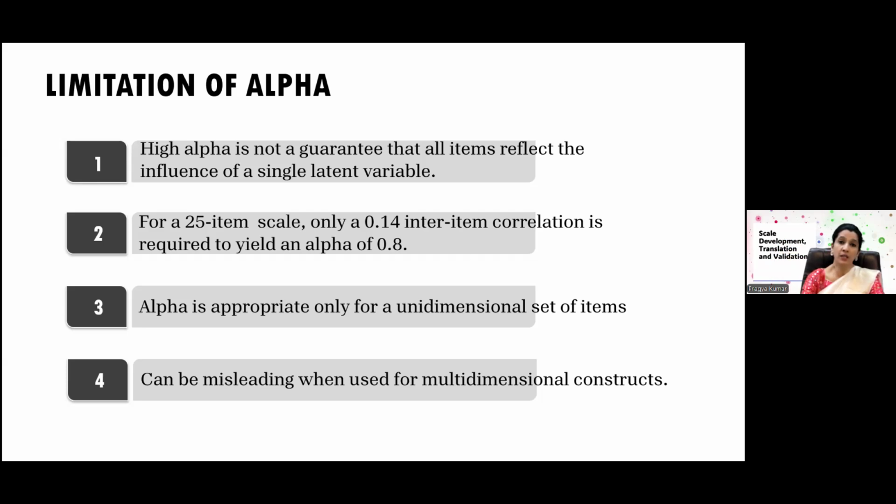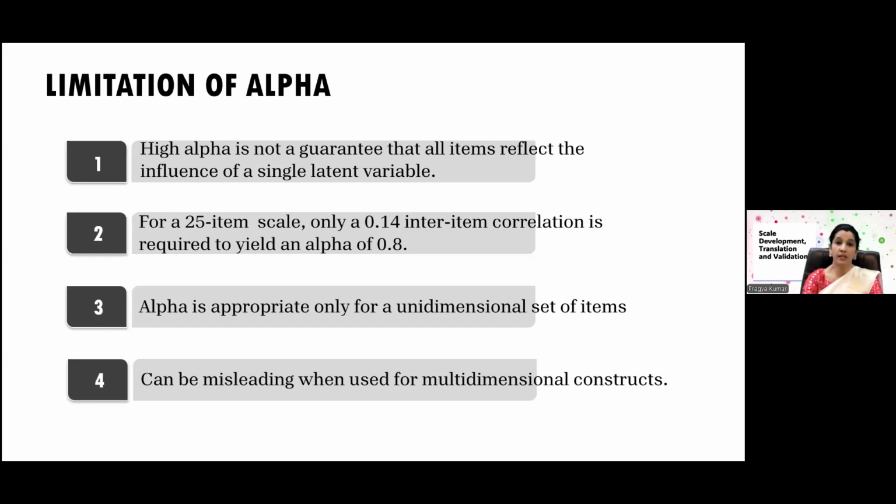What do you mean by unidimensional? It means all the items are affected by only a single underlying latent factor or theoretical construct which we defined on day one. If the scale has 25 items, even with a 0.14 inter-item correlation between the items, it will yield an alpha of 0.8.